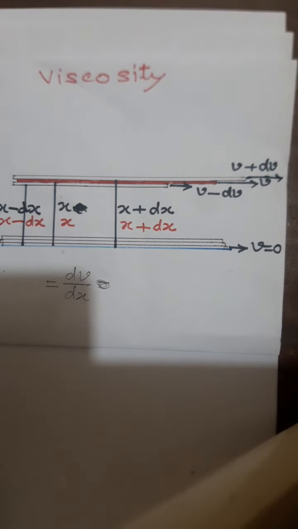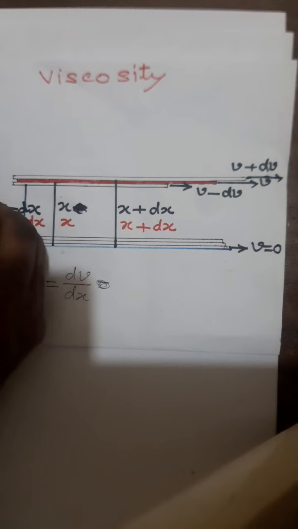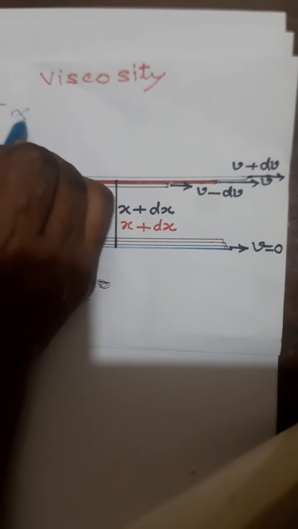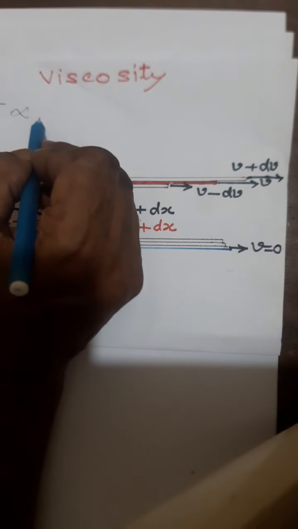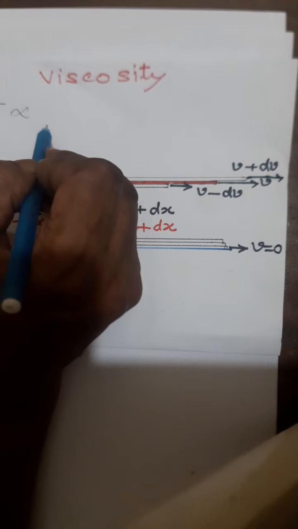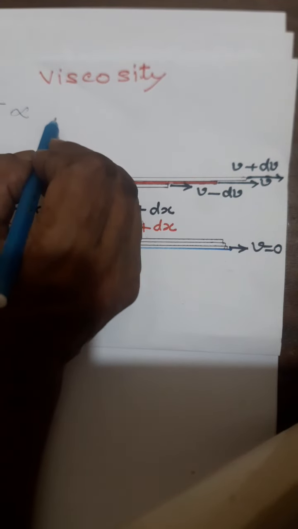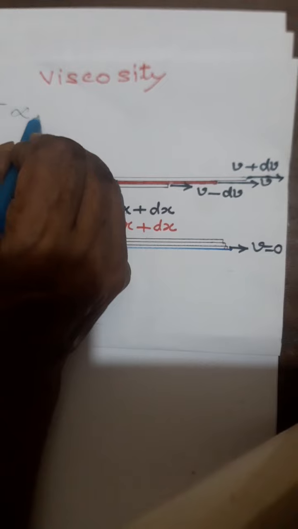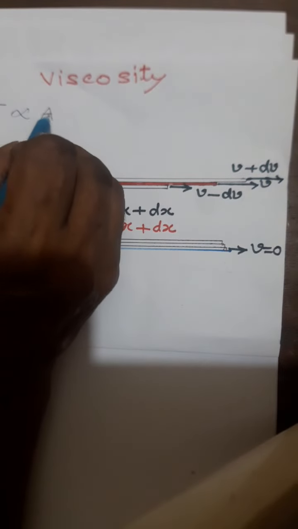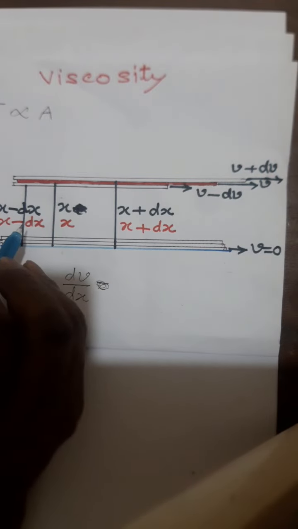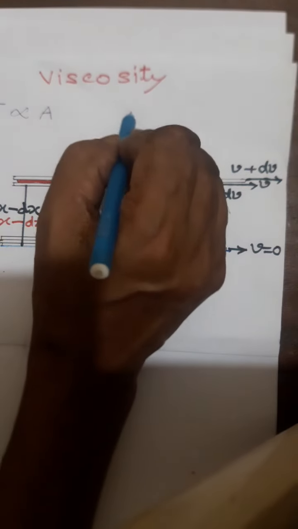Newton's law of viscosity. The viscous force F is proportional to the area of the contact surface of the liquid, that is, area of the liquid surface layer A. F is proportional to A. It is also proportional to the velocity gradient, that is, F is proportional to dv by dx.